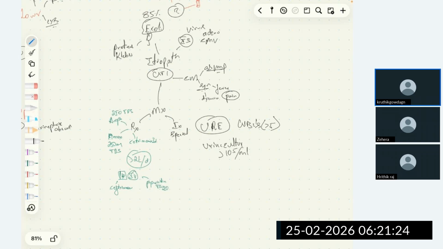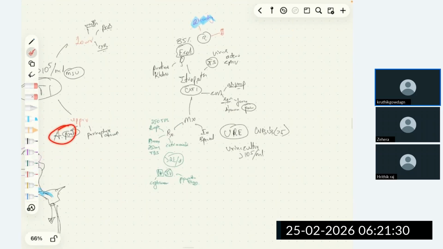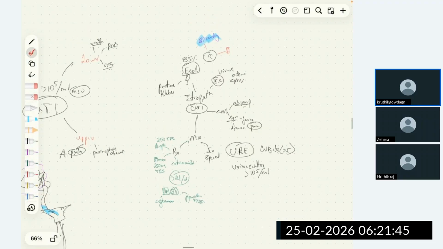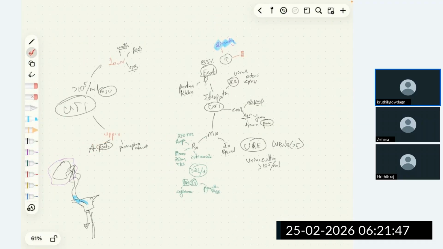The specific investigations: in pyelonephritis we can do CT, and also in perinephric abscess we can do CT examination. We can also do intravenous urogram, cystoscopy, urography, and other things.